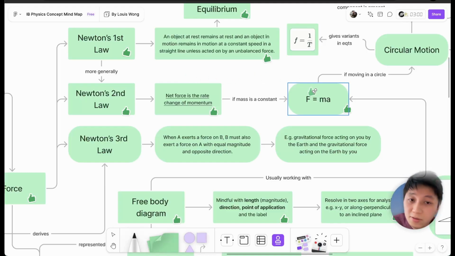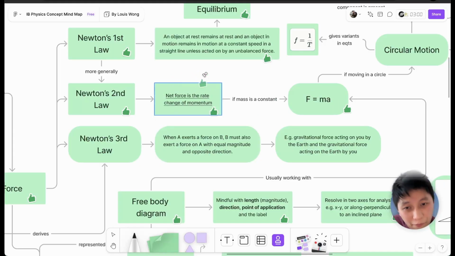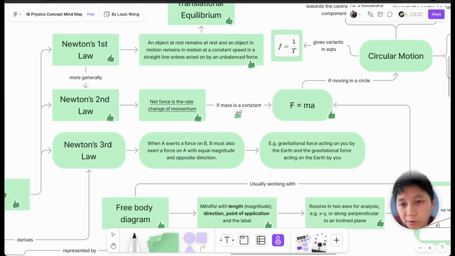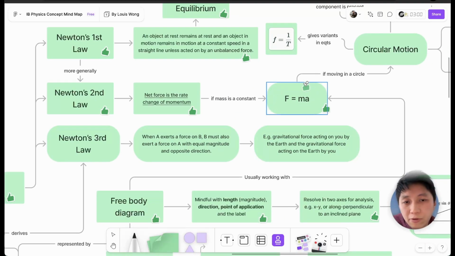It's not ma. ma is only a specific case of it. This is more general, more fundamental. The reason why F equals ma is applicable in most cases is because when mass is constant, the equation reduces to F equals ma.